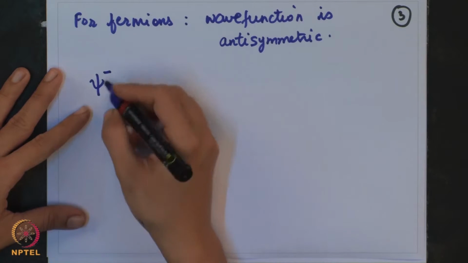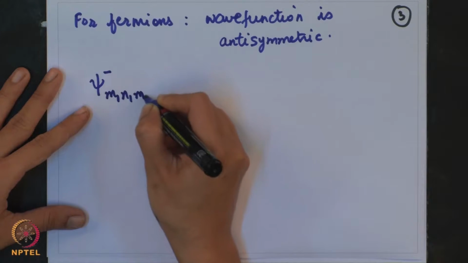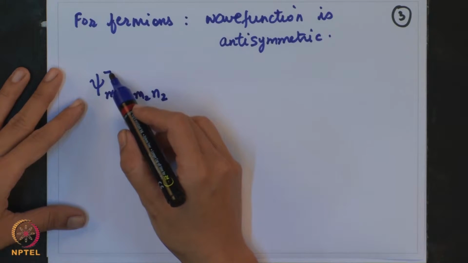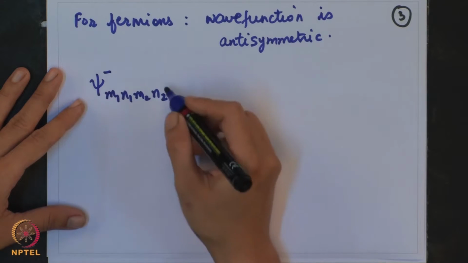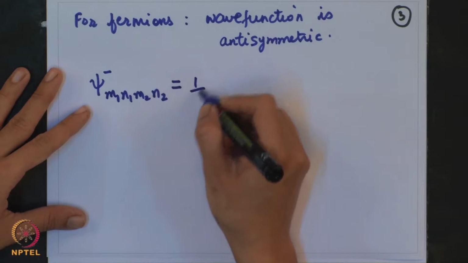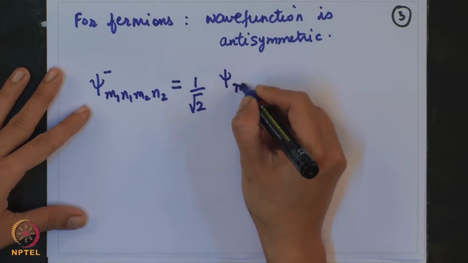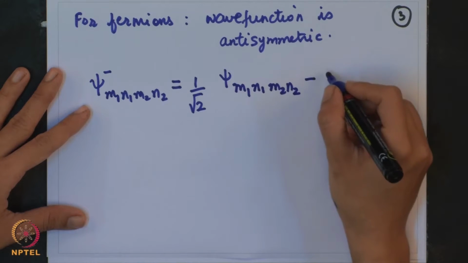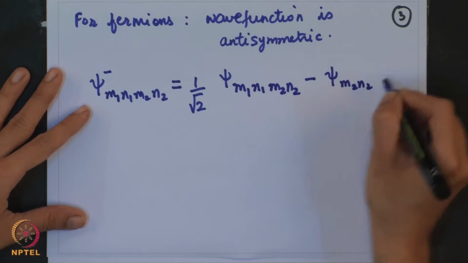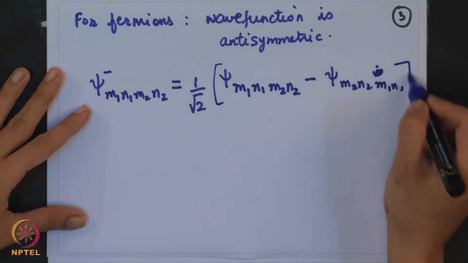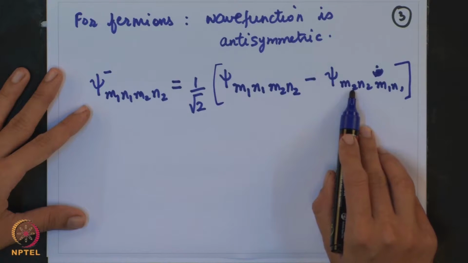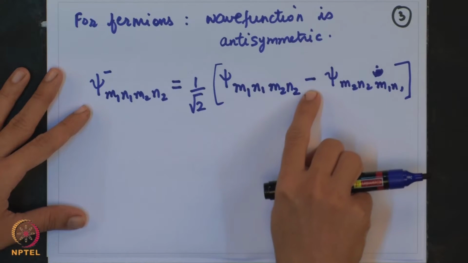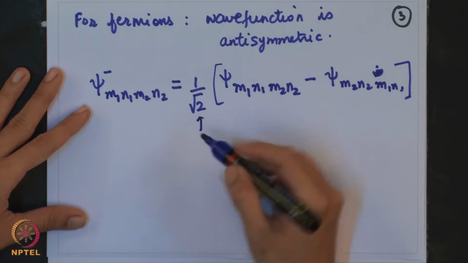That is to say that the wave function is now written as psi minus. Minus indicates that the wave function is antisymmetric. The same notation I am using as was used in the lecture. So, here I have psi m1 n1 m2 n2 minus psi m2 n2 m1 n1. So, when I exchange particle 2 with particle 1, there is a change in sign, and this factor is the normalization factor.